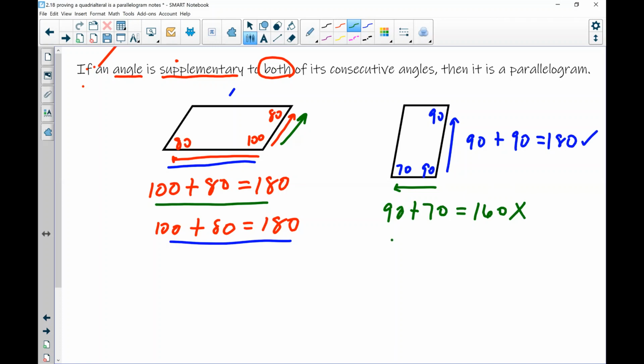So this would not be a parallelogram. And again, if they don't offer you enough information to prove this, then you also cannot conclude that it's a parallelogram.